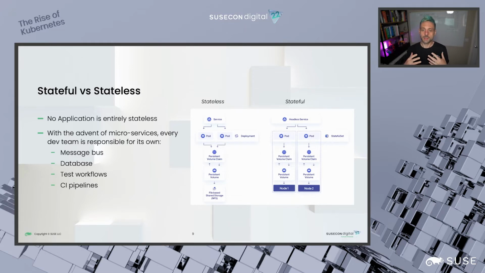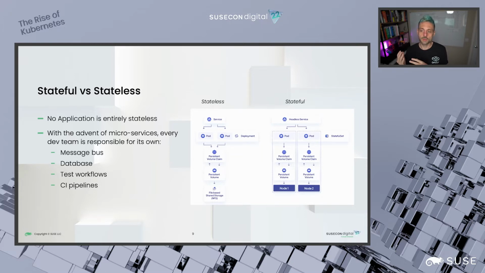Then in terms of the service that you build on top of the workload, so typically a load balancer service that will redirect the request towards one of the pods, stateless needs a normal service, so typically a cluster IP, as opposed to stateful workloads.